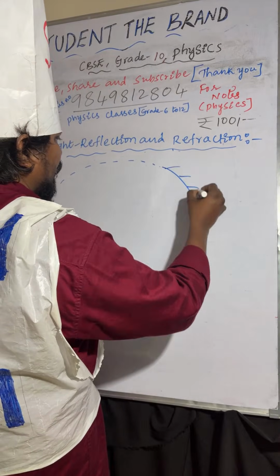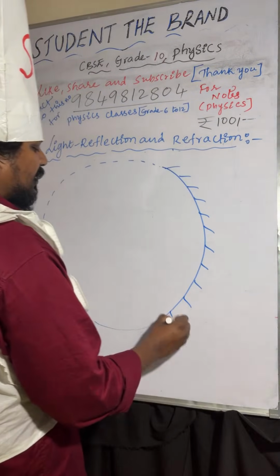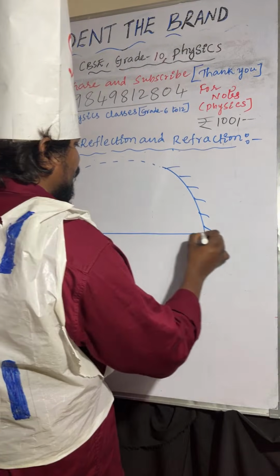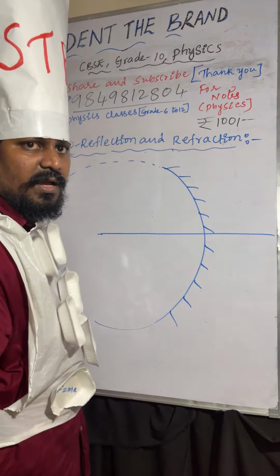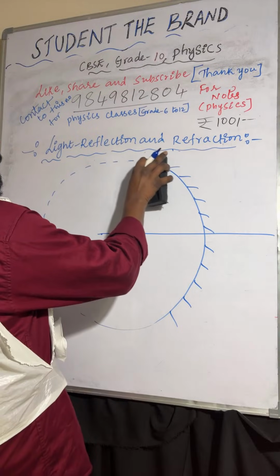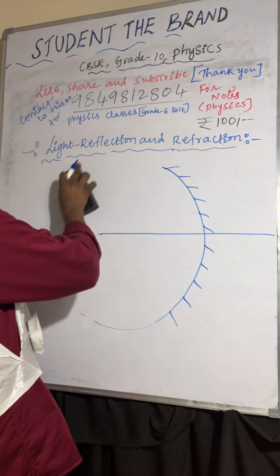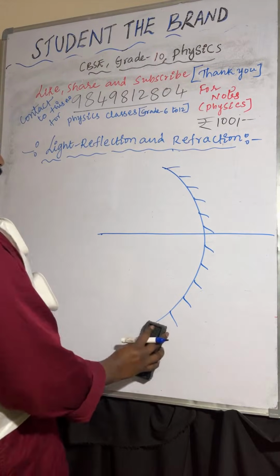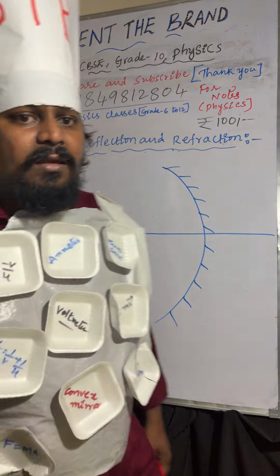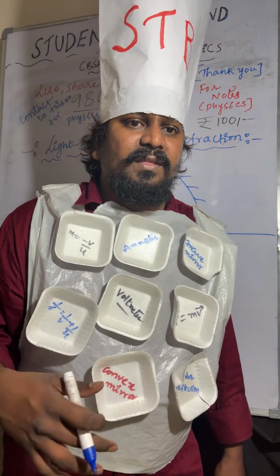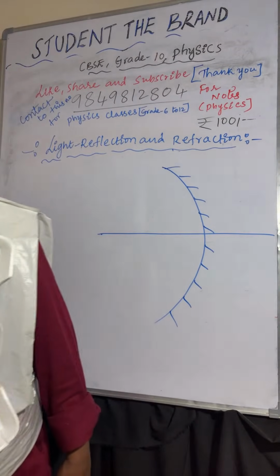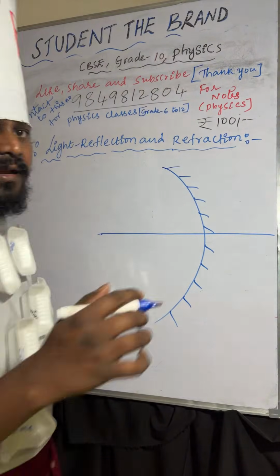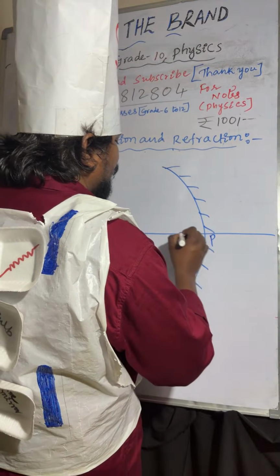So this is the concave mirror, with the center of curvature like this. All measurements will be taken from the pole.